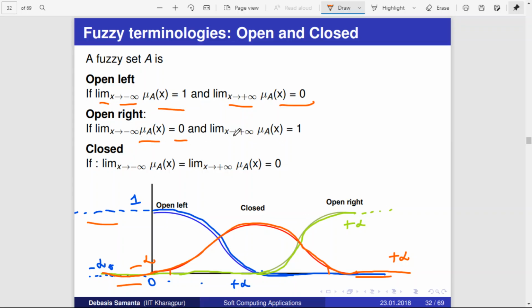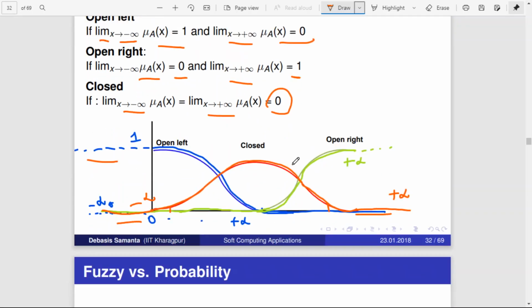As x tends to plus infinity, the membership function will result in 1. For closed, as x tends to minus infinity and as x tends to positive infinity, it will result in 0. So this is another terminology about open and closed fuzzy sets.